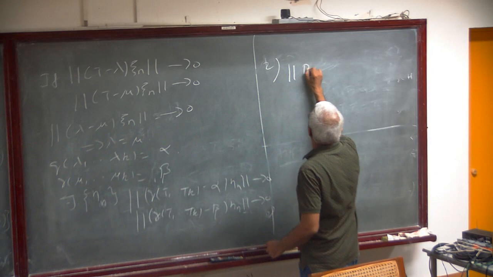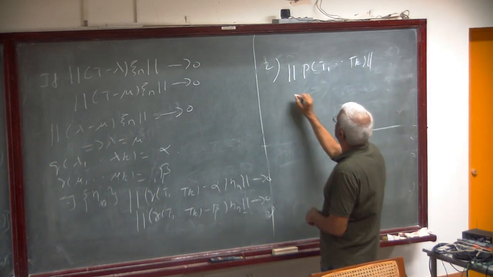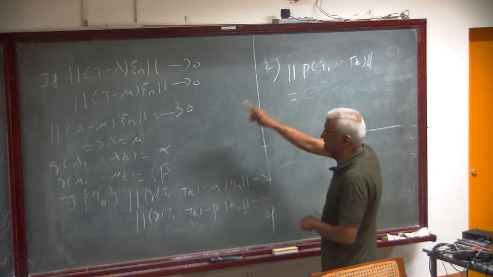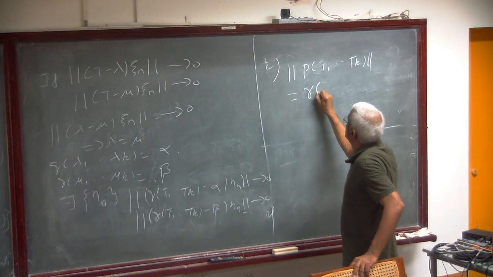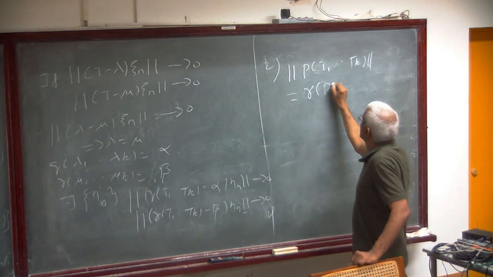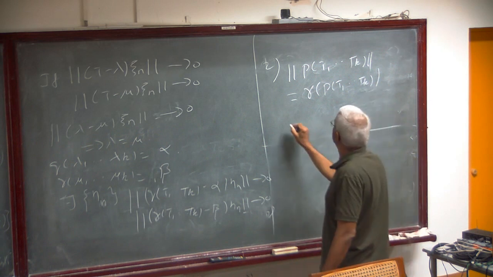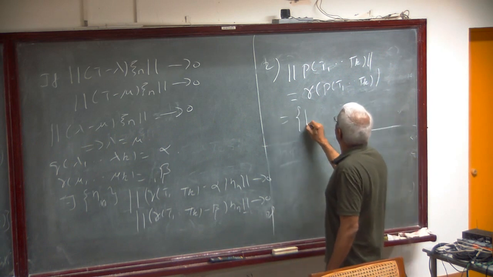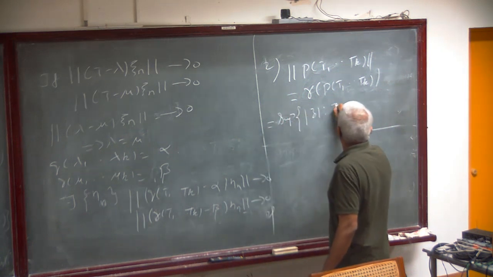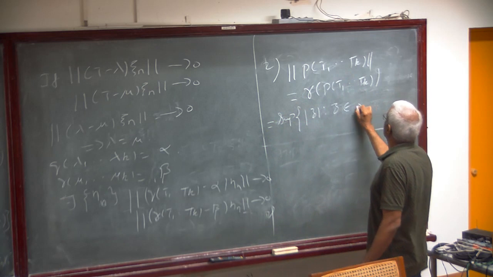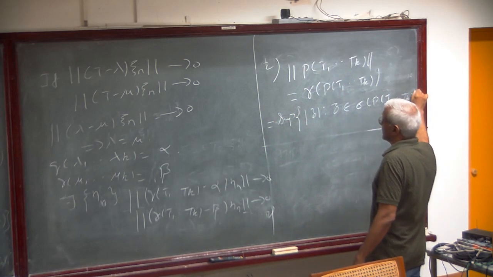The norm of P(T1, ..., Tk) is equal to, by this, whatever we have, sigma of this, which is equal to the spectral radius of this. Because it's a normal operator, T1 up to Tk, it is the spectral radius. And that is equal to the supremum of mod of z, where z is in the spectrum of P(T1, ..., Tk).